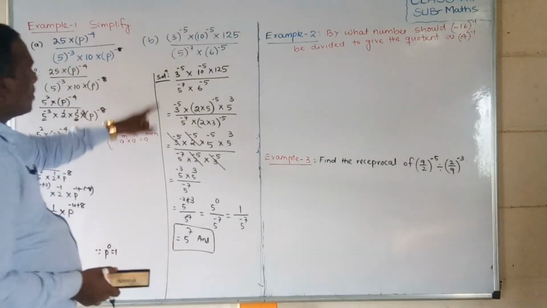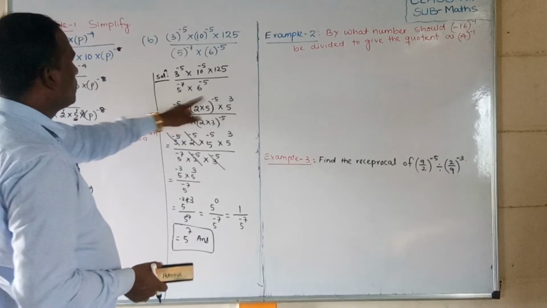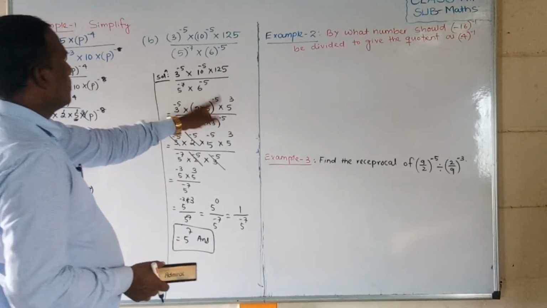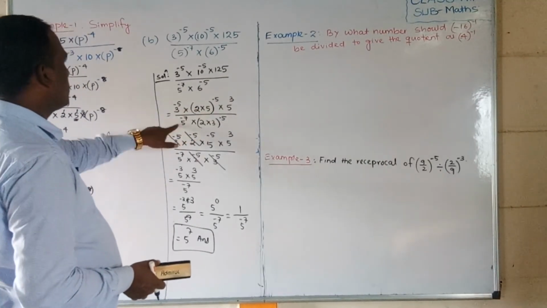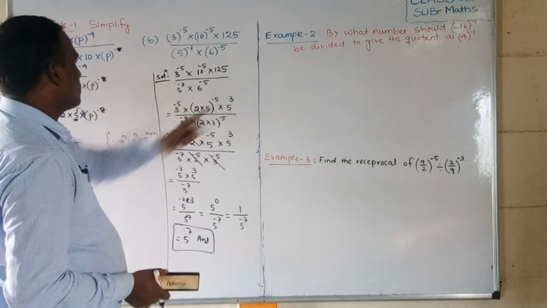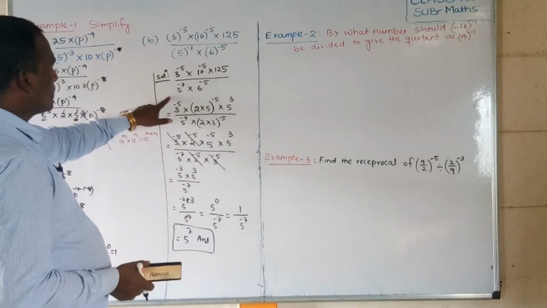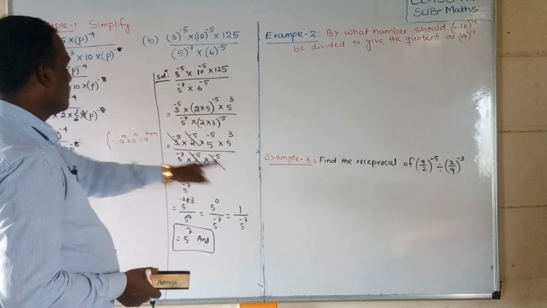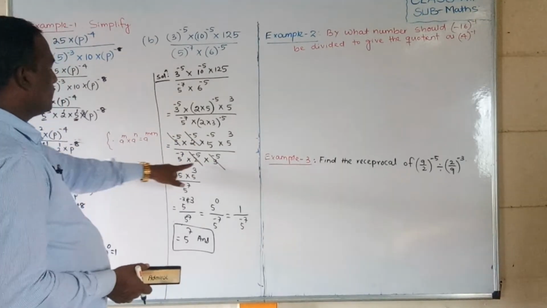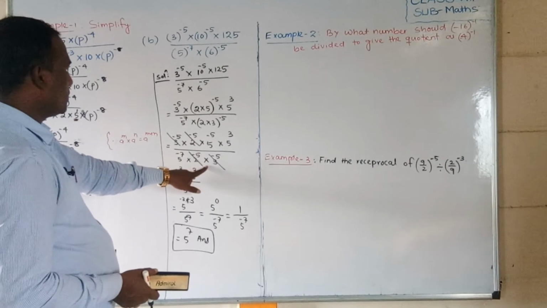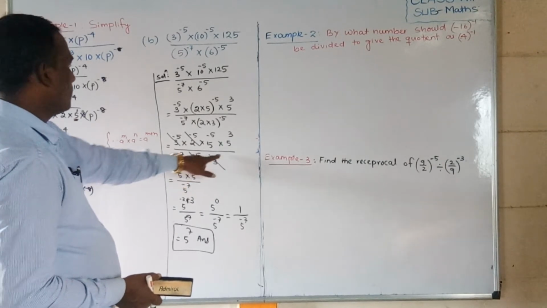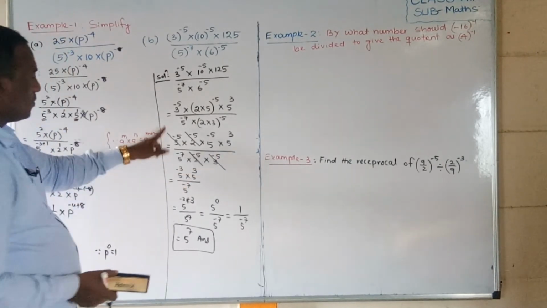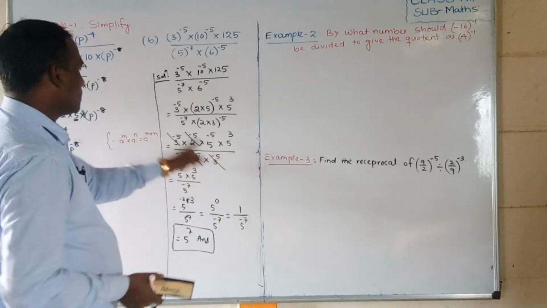So 3 to the power -5 into 2 into 5, 5 to the power 3, and 5 to the power -7 into 2 into 3 to the power -5. So 3 to the power -5, 2 to the power -5, 5 to the power -5, 5 to the power 3, whole divided by 5 to the power -7 into 2 to the power -5 into 3 to the power -5.